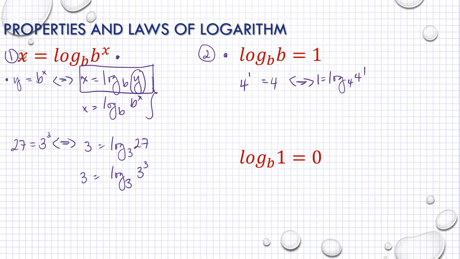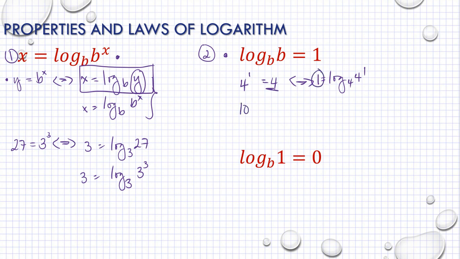So if your exponent is 1, and your base is equal to your y, if they are equal, then you always have 1.